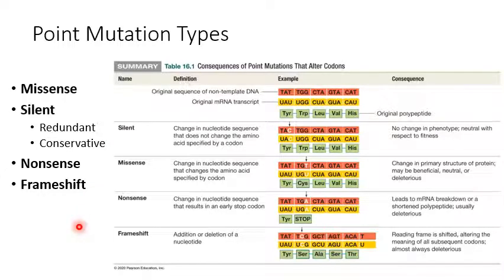Silent mutations are possible because the genetic code is redundant and conservative. So because you have multiple codons like UAU and UAC that all code for the same amino acid, it's possible to change one codon to another and still get the same amino acid. Because the genetic code is conservative, silent mutations usually involve the third base in a codon.